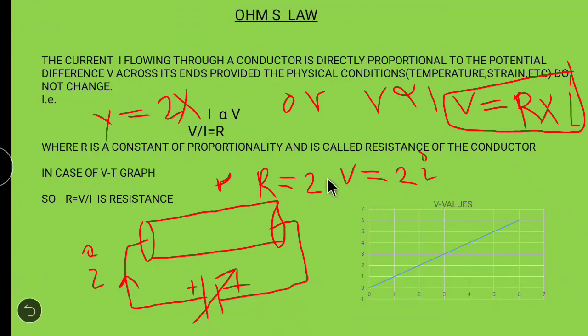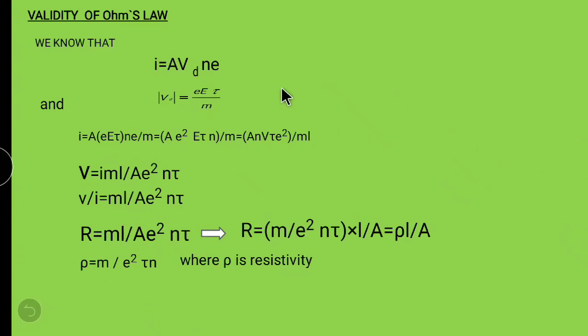Now students, let us discuss it more precisely. What is the validity of Ohm's law? Let us discuss it. Students, we know that I is equal to neAvd. This thing is known to us.